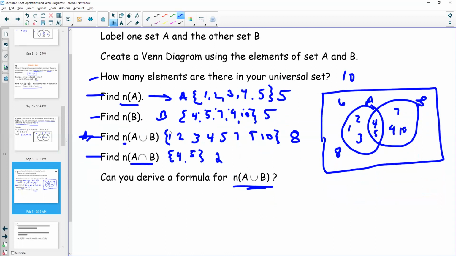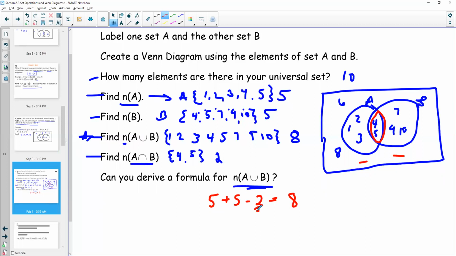Well, if we think about it, the way this really worked is 5 plus 5 minus 2 got me 8, right? There's 5 things in set A, there's 5 things in set B, and the overlapping area got counted twice. So I had to take it away one time.